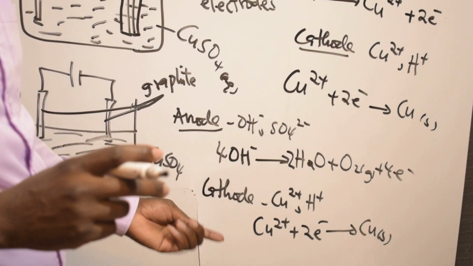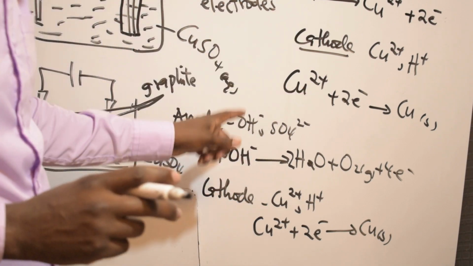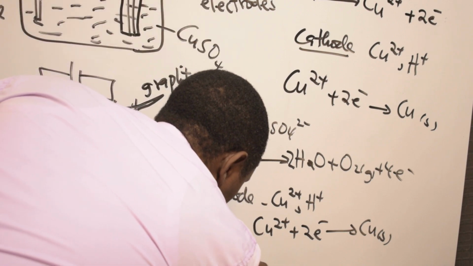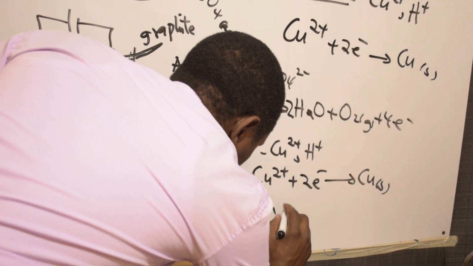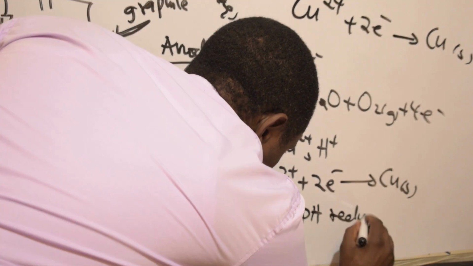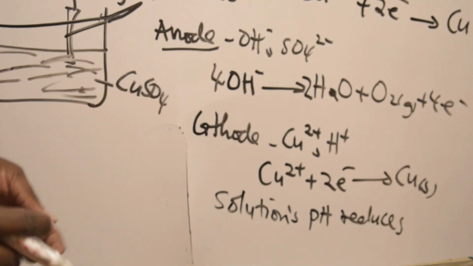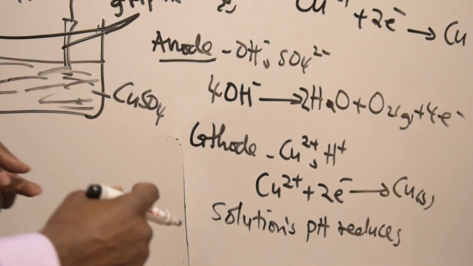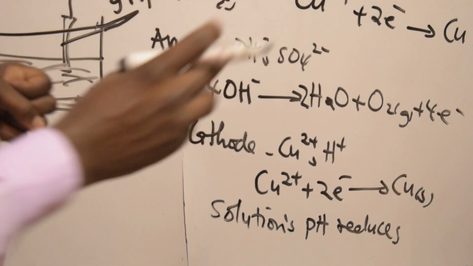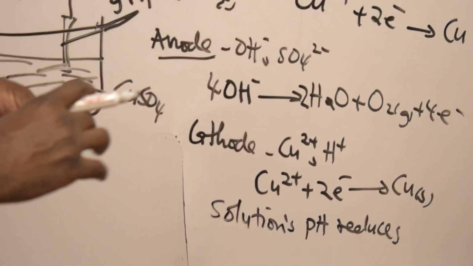That means the pH in this particular case will be lower. So the solution becomes acidic. The solution's pH reduces, which means the electrolyte becomes acidic. And basically that is what we are talking about.